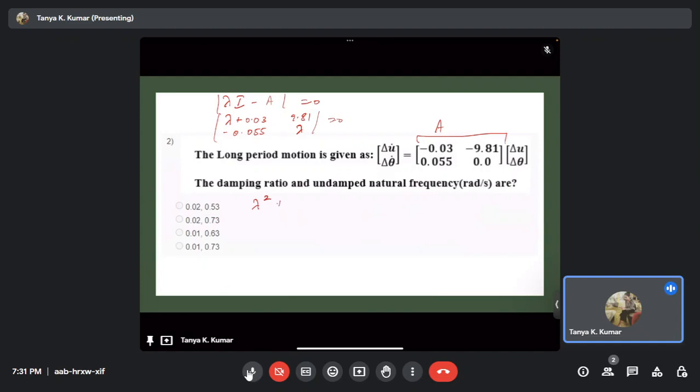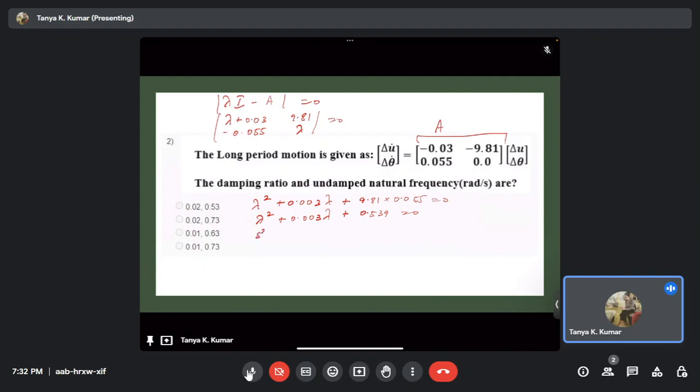So you have lambda square plus 0.03 lambda plus 9.81 into 0.055 equals 0, which is lambda square plus 0.03 lambda plus, can you multiply it and tell me? 0.539 equals 0, correct? Now equate it to a typical second order equation.